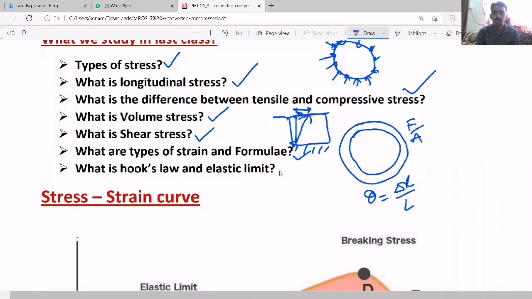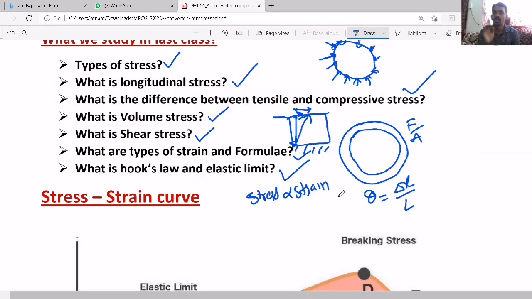Afterwards, we also took Hooke's law, where we concluded that under the elastic limit, that means the body can regain its original shape even after you remove the deforming force, we call that limit the elastic limit. Within the elastic limit, stress on a solid body is always directly proportional to strain.